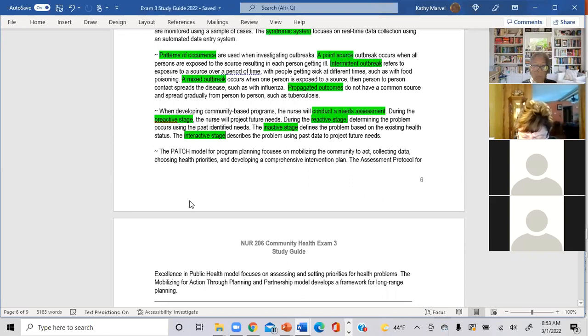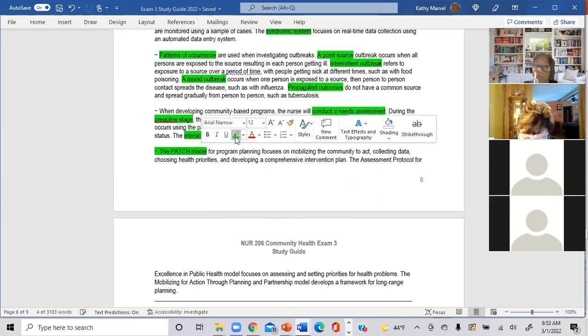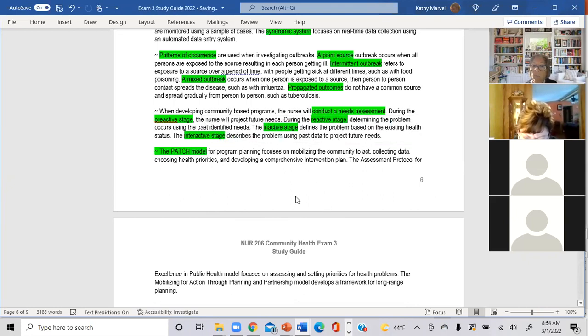Then we have 3 different models of surveillance for program planning. Okay, so we have the PATCH model, right? So with the PATCH, we want to encourage the community to act, to participate.